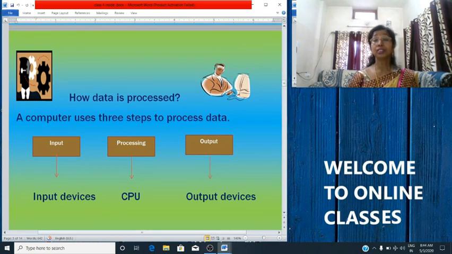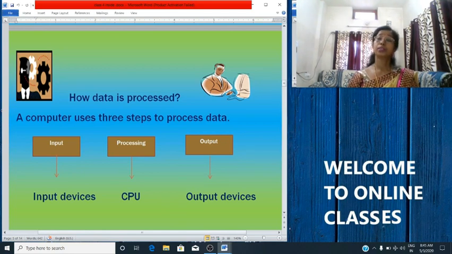A computer uses 3 steps to process data: input, processing, output. Input is fed into the computer through input devices. Processing is done by the computer, the processor, the CPU. Output we get through the output devices.